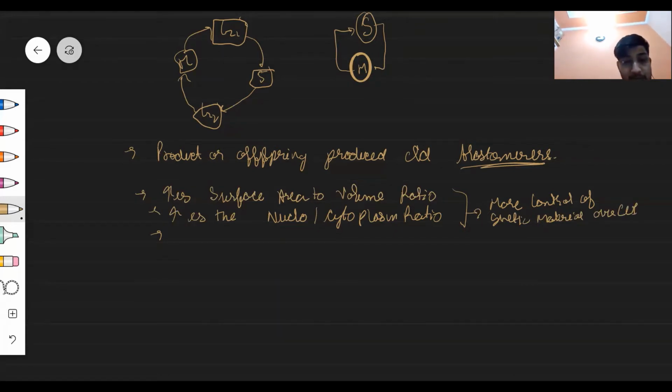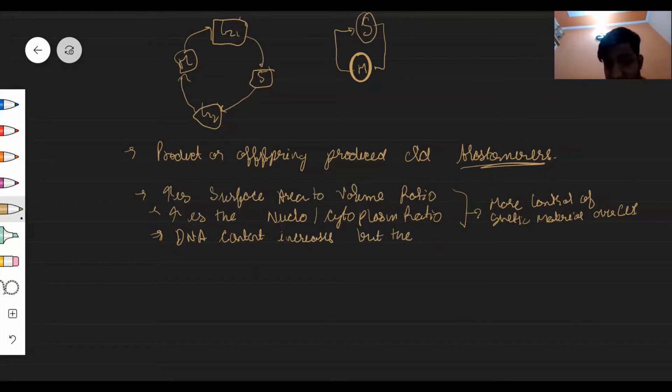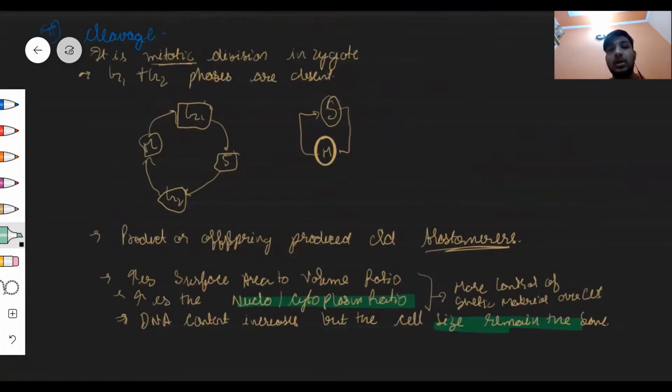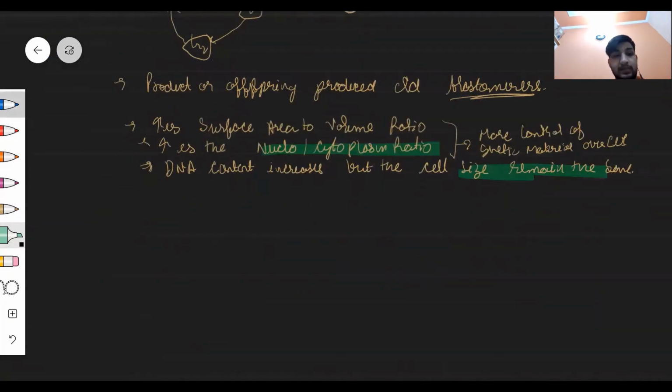And another feature: DNA content increases, but the cell size remains the same. So since the cell size remains the same, it increases the nuclear cytoplasmic ratio. Increasing nuclear cytoplasmic ratio means more command of the DNA over the cell.